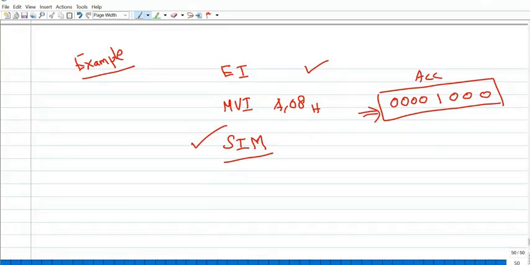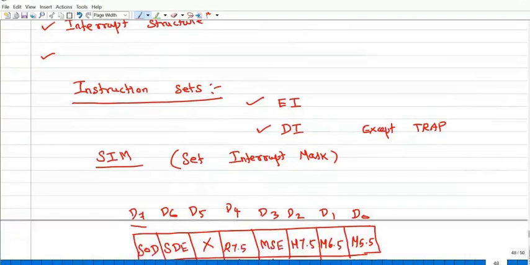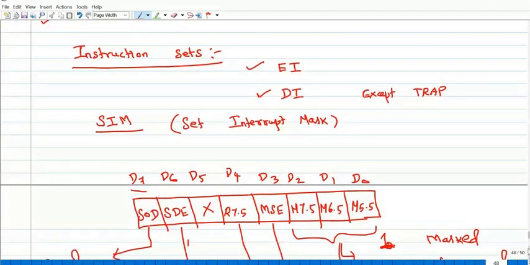So go back to your SIM instruction. Now tell me, what do you understand from this? In this example, 0000 1000. So what does it represent? D0 is 0, meaning what?